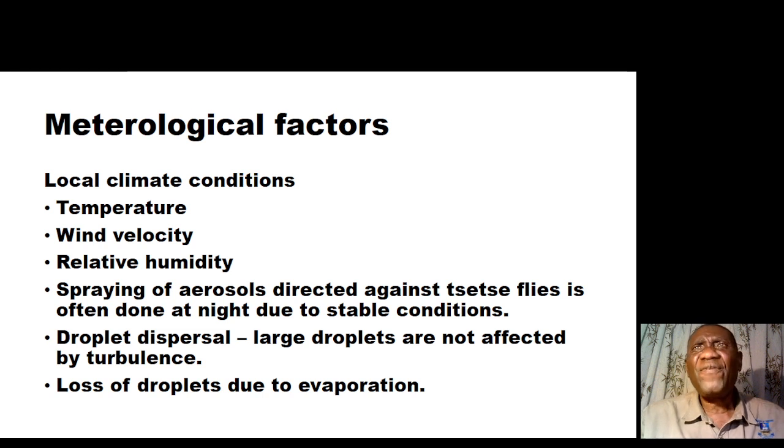But we often lose droplets carrying the pesticide due to evaporation, and this can be problematic when you are spraying pesticides targeted towards the tsetse fly. That's why you may have to spray during the night.